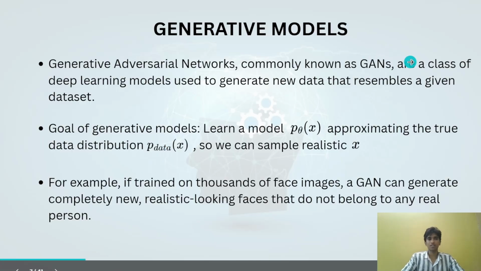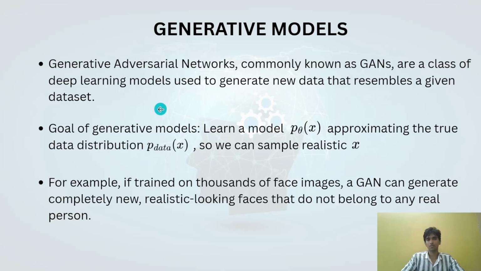They're known as GANs. They are a class of deep learning models used to generate new data that resembles a given data set, of course, by determining the probability distribution. What they do is they try to learn a model which is p theta of x. Theta, as you can guess, is obviously the parameter approximating the true probability distribution of the data, which you can consider as p data of x, so as to sample x.